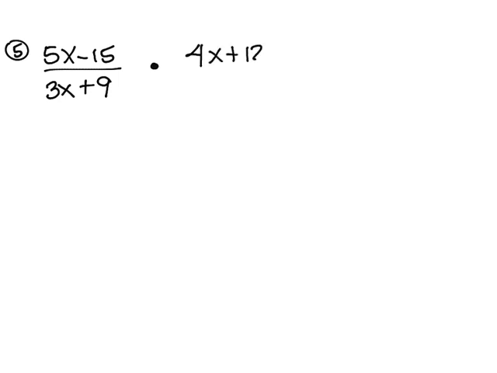Number 5. 5x minus 15 over 3x plus 9 times 4x plus 12 over 6x minus 18.